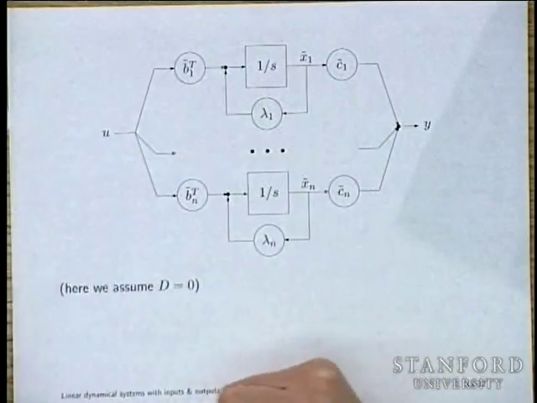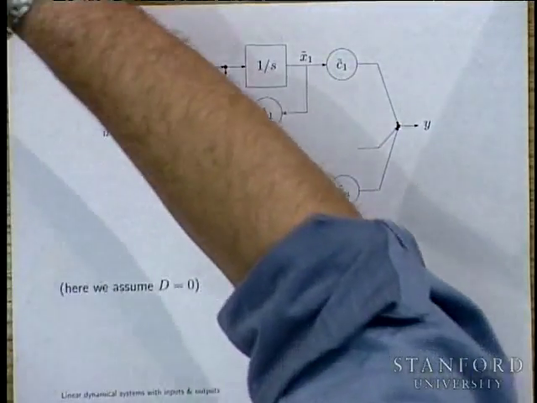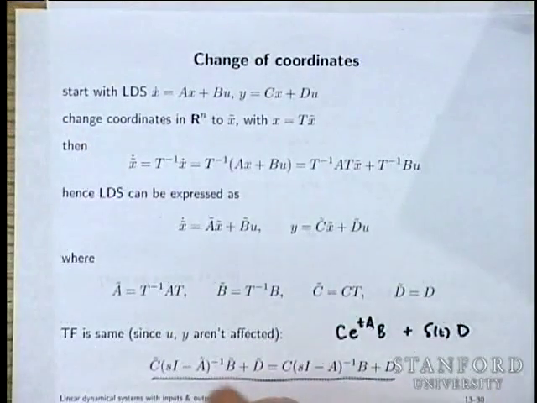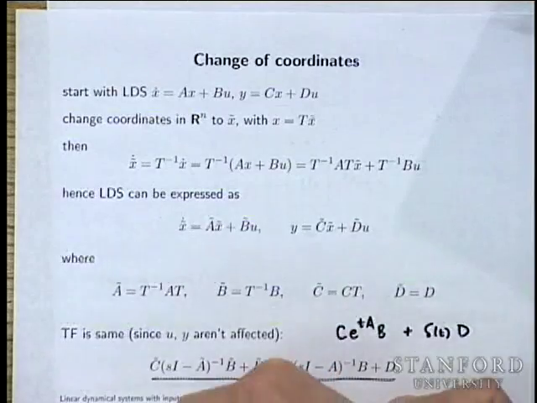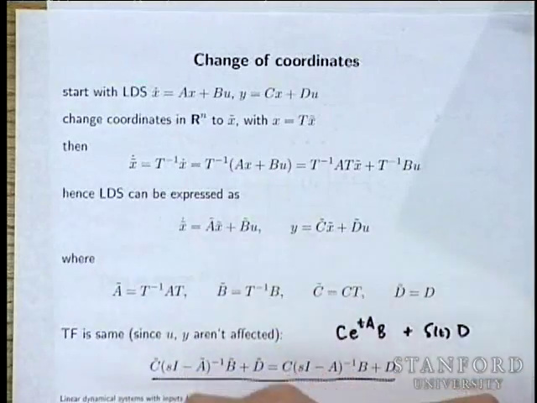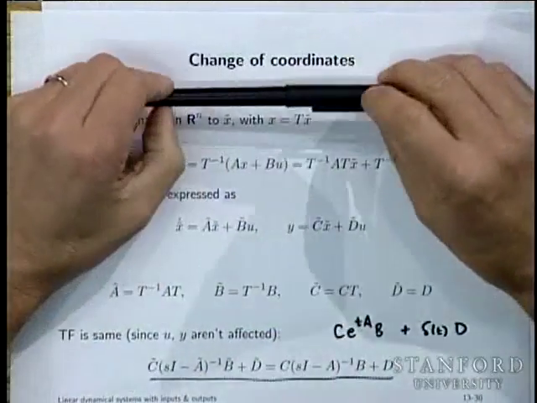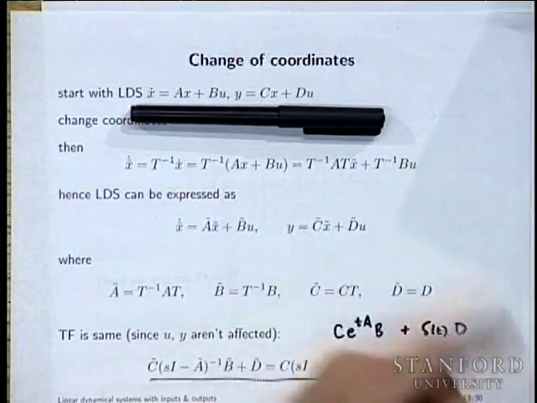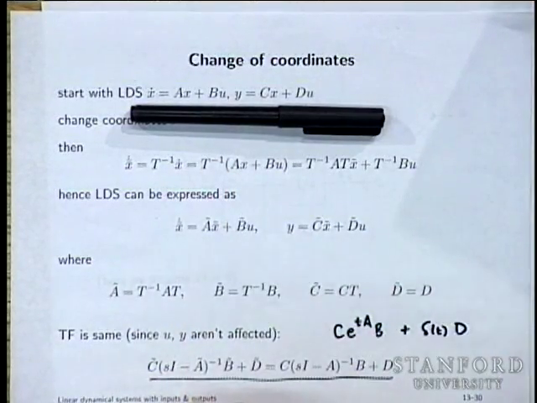Now, there's another real use of changes of coordinates, and this is real. And you do not change coordinates for the purpose I'm going to describe now to things like Jordan canonical form or diagonal or anything like that. It's this. If this represents some sort of signal processing system that you need to implement, for example, this might represent your equalizer in a communication system, and you have to implement it.